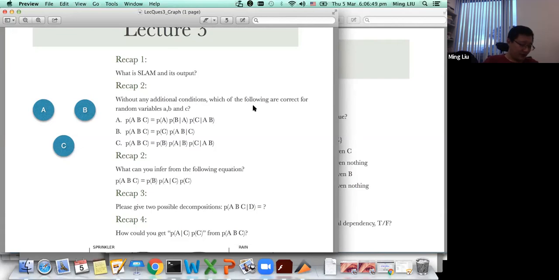So recap 2, that's a recap from the Bayesian structure. Without any additional conditions, which of the following are correct for random variables A, B, C? So is that A or B or C? You can type in your answer at the chat window.